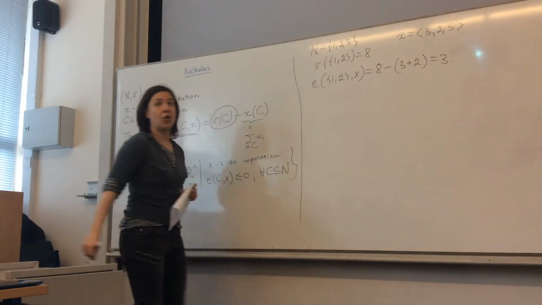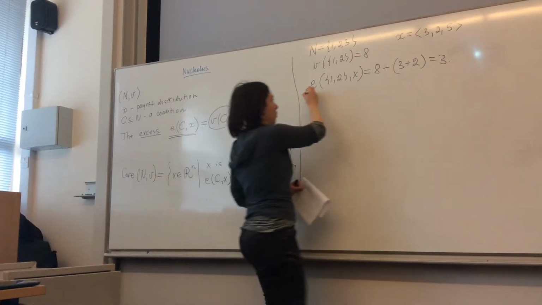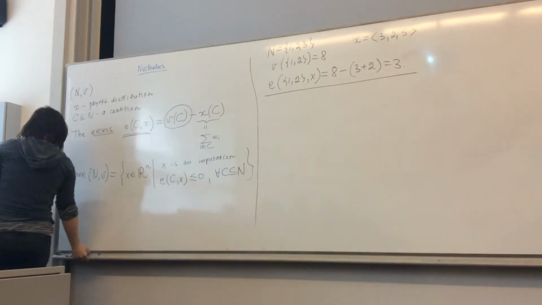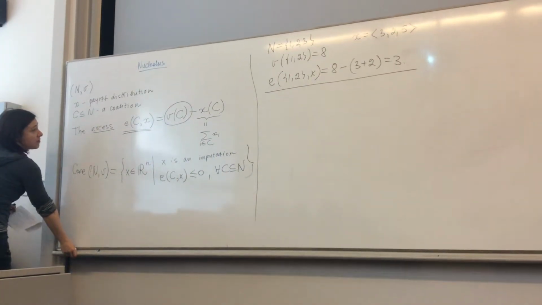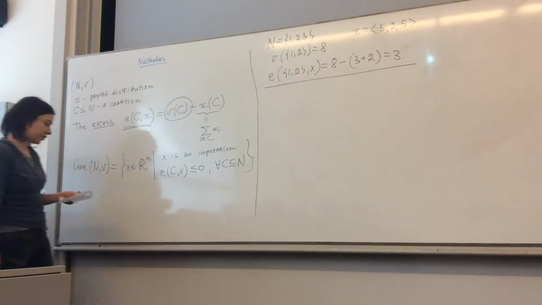So these guys are not happy in this case. This would not be a payoff in the core. So excess, in fact, is just the measure of the dissatisfaction of a coalition, how much they want to complain.